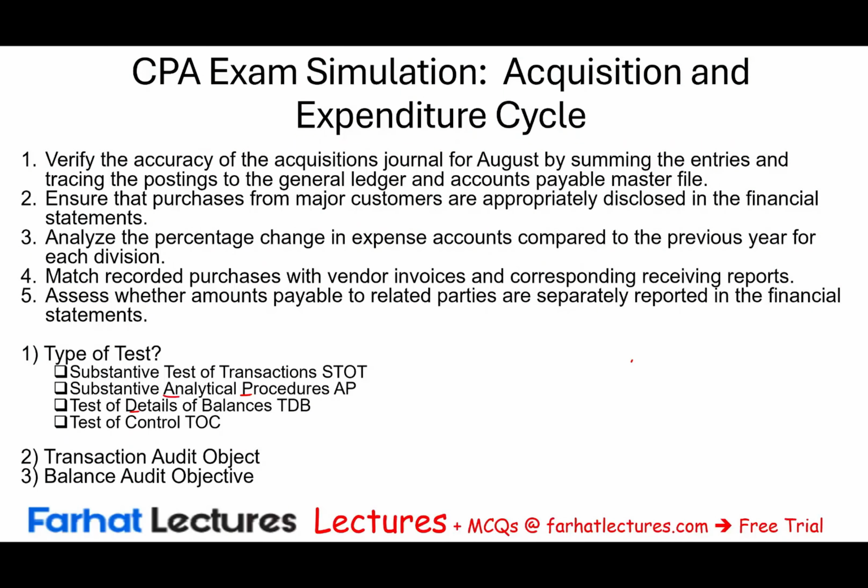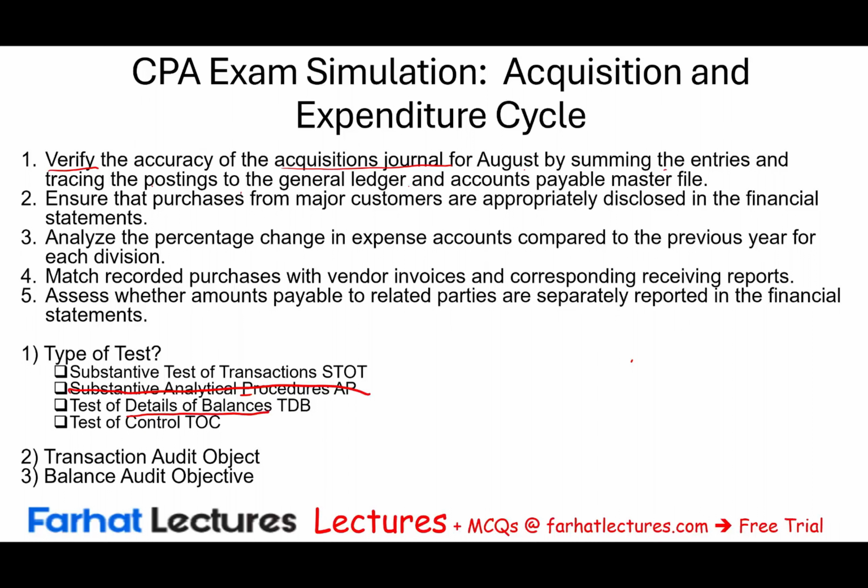Starting with the first transaction. Verify the accuracy of the acquisition journal for August by summing the entries and tracing the posting to the general ledger and accounts payable file. So what are we doing here? Is this an analytical procedure? Well, it doesn't look like an analytical procedure, so that's an easy out. Is this a test of details of balances, or is it a substantive test of transaction?